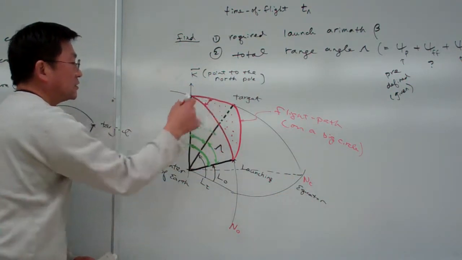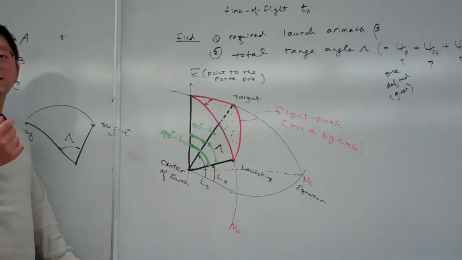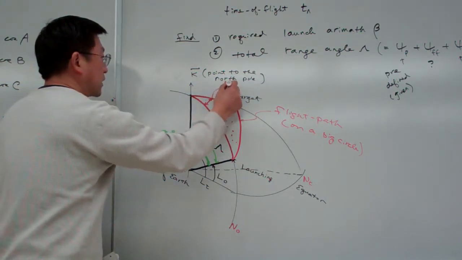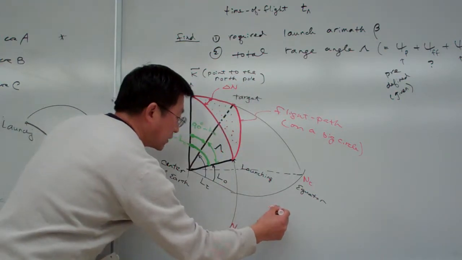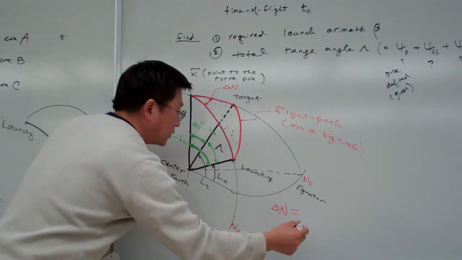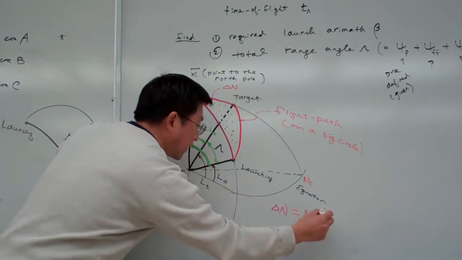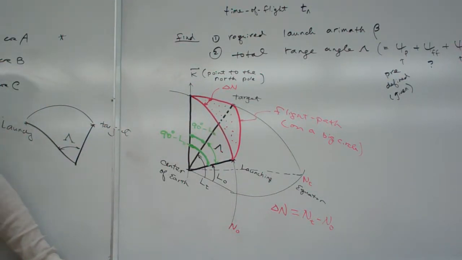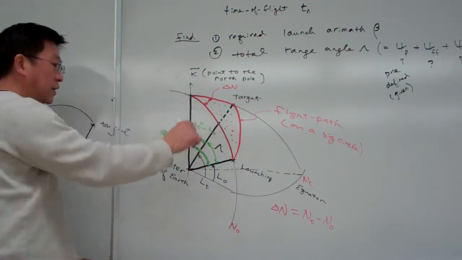So basically this is delta N, the difference between the launching site and target longitudes. Let me say delta N is NT minus M0. We measure delta N eastbound.